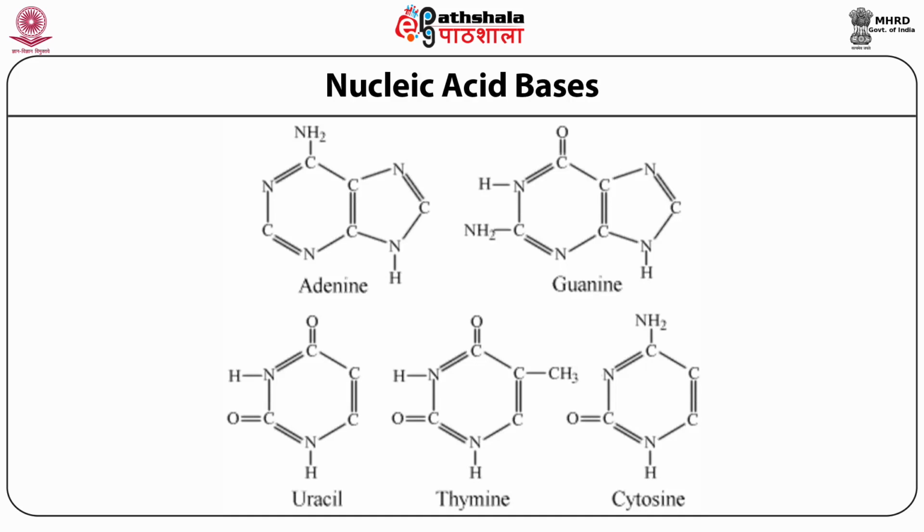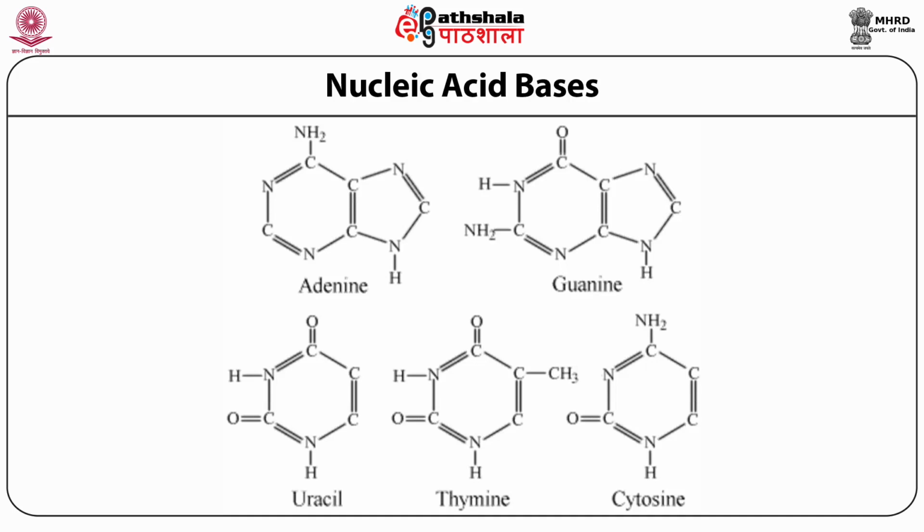There are 3 heterocyclic aromatic bases: uracil, thymine, and cytosine. These also have different functional groups attached to them.